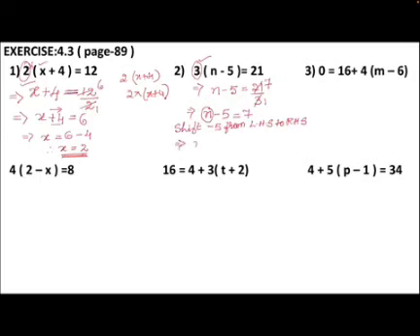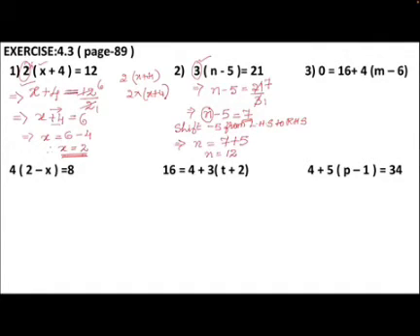So now what do we have? We have n. n = 7, 7 is already there, remember. Now what happened to our -5? It was negative on the left hand side. It became positive on the right hand side. So n = 12. That is the value of the variable.